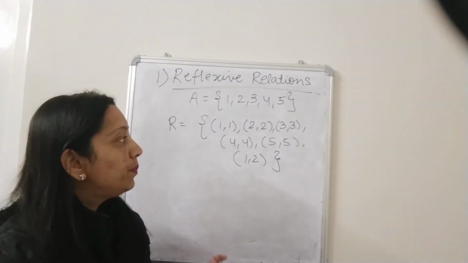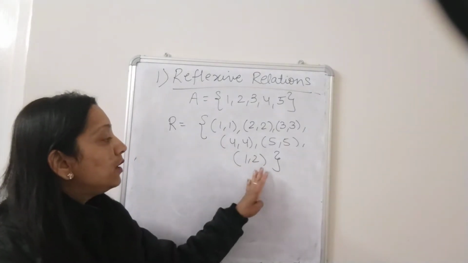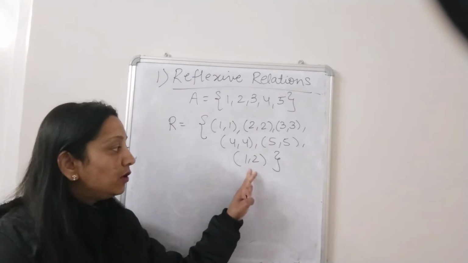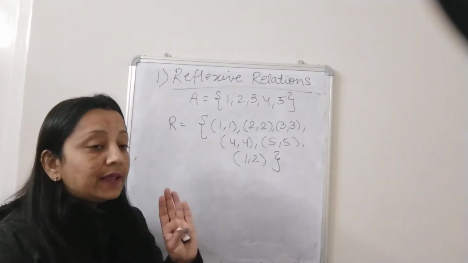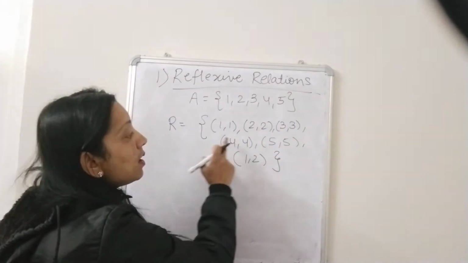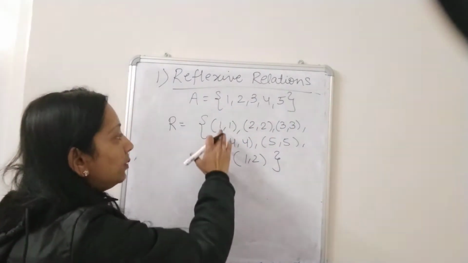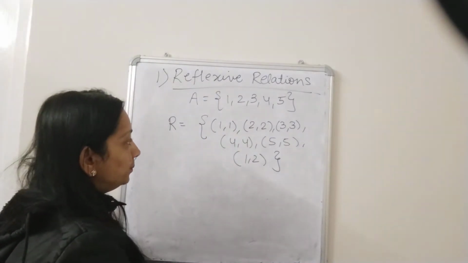That means the ordered pair will have the same elements. Apart from that, if you have any other element like 1, 2, or even if you don't, that is not the concern. The only concern is that all these elements must be present as ordered pairs of similar elements.